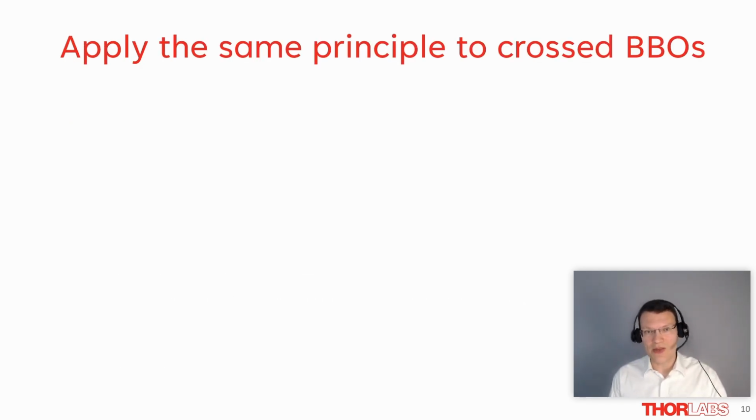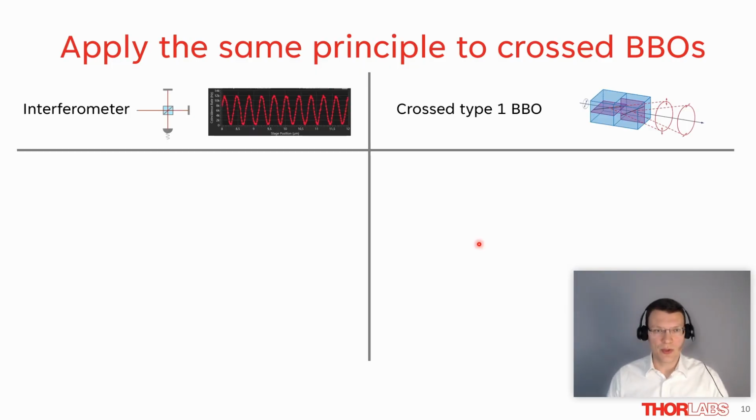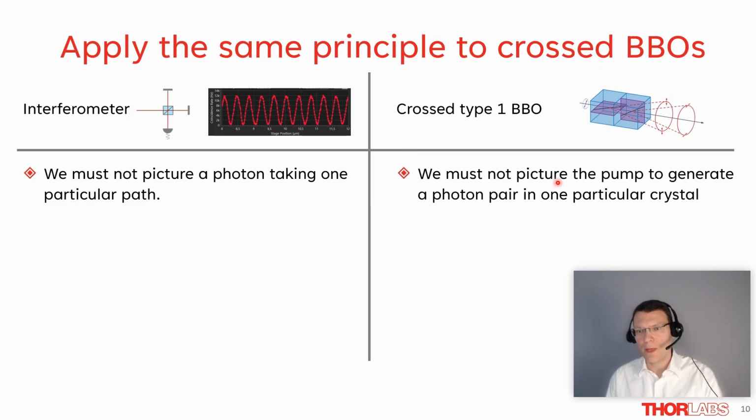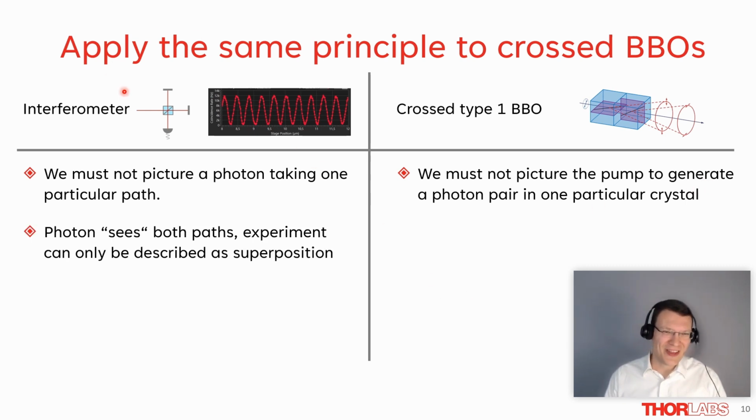So let's apply the same principle to the crossed BBO. In my interferometer, I must not picture a photon just taking one particular path through the interferometer. Similarly, for the cross type 1 BBO, I must not picture the pump just generating a photon pair in one particular crystal. So in the interferometer, one photon basically sees both paths.